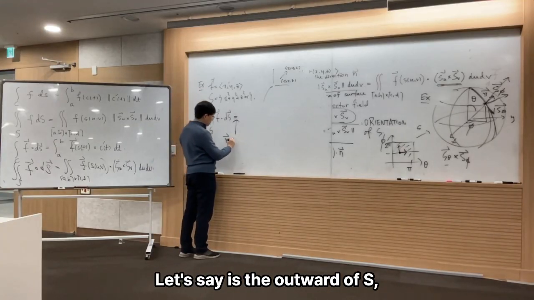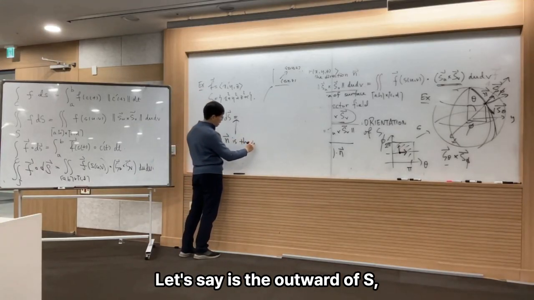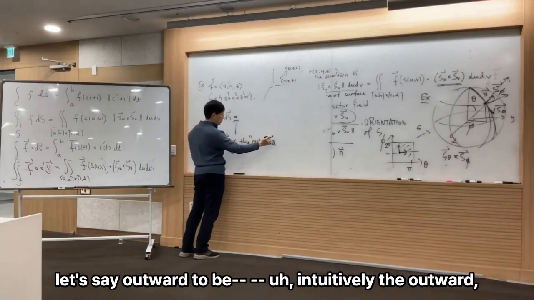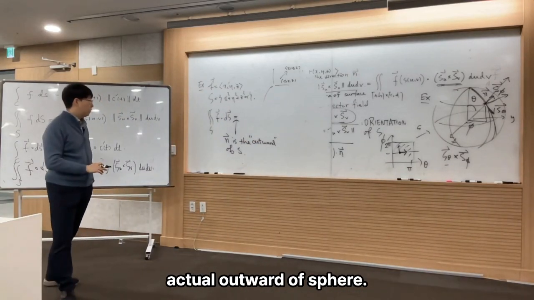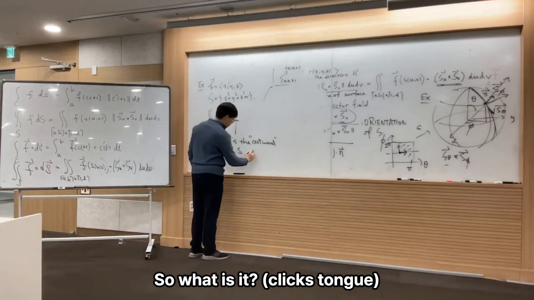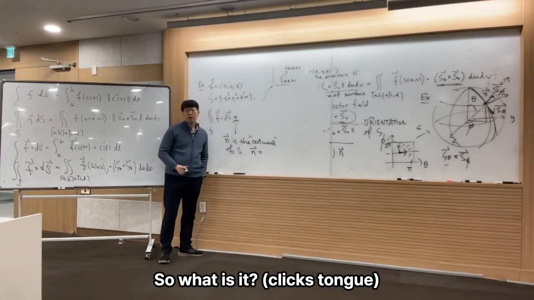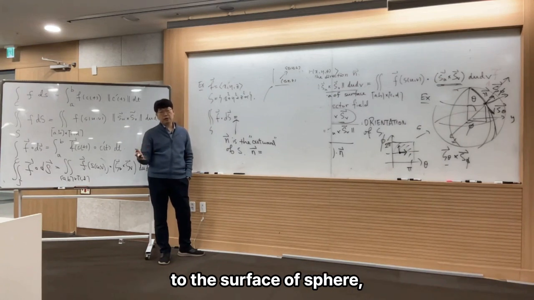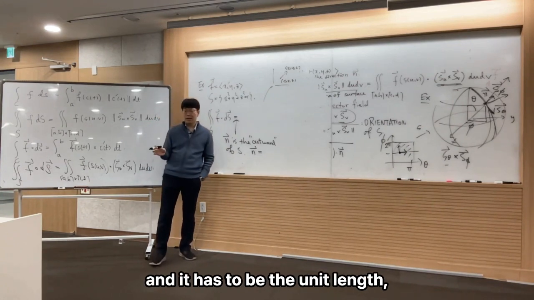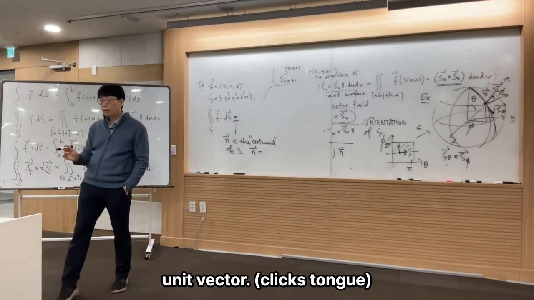Let's say it is the outward of S, intuitively the actual outward of the sphere. So what is it? The outward of the sphere has to be perpendicular to the surface of the sphere, and it has to be of unit length, a unit vector.